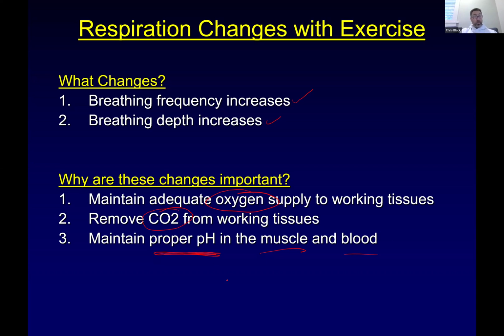There's more bicarbonate. It helps us to buffer any of that acidity that's being made by making lactic acid. So that's why we have to have these changes. If these things don't work correctly, exercise cannot continue. And it's not just about bringing in oxygen. It's also about what we're doing to regulate CO2 levels.